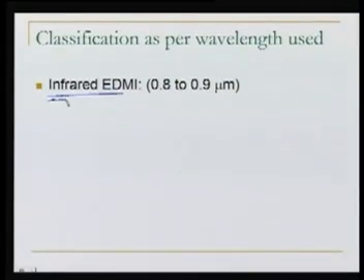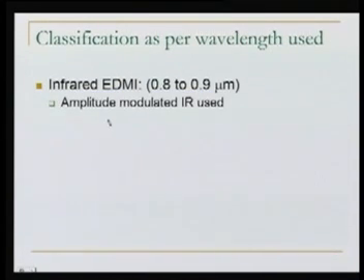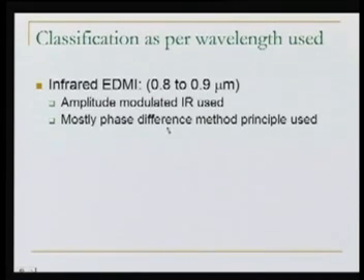Now the second classification is as per the wavelength used. What wavelength we are making use of in order to measure the distances using EDMI. Now the first category is infrared EDMI. You know the infrared will be from 0.8 to 0.9 micrometer. For example, mostly these are amplitude modulated infrared, and also mostly we go for the phase difference method.